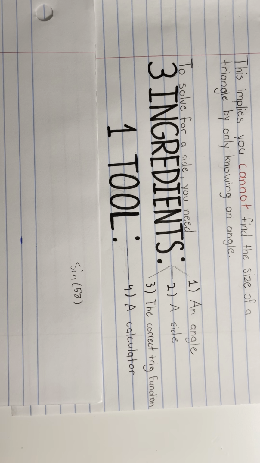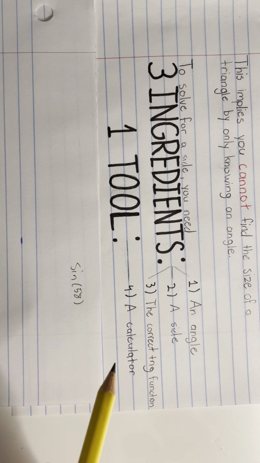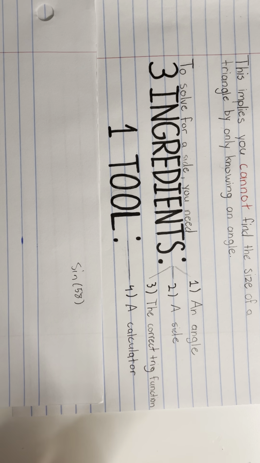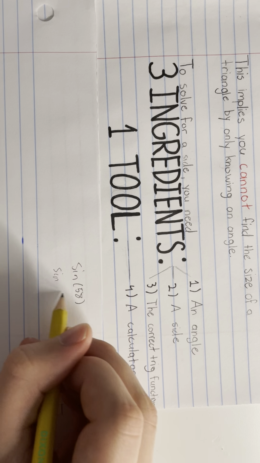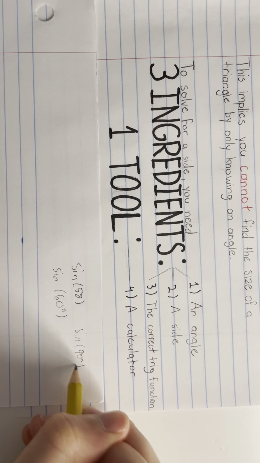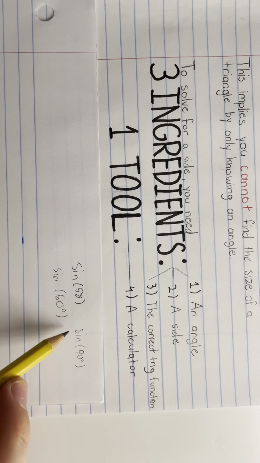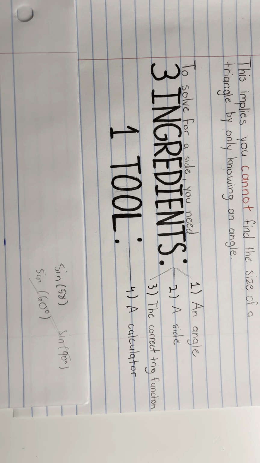You can't really figure that out on your own unless you have really good math. But there are some special angles like sine of 60 degrees or sine of 90 degrees, which later on you will have to remember because those create special triangles.